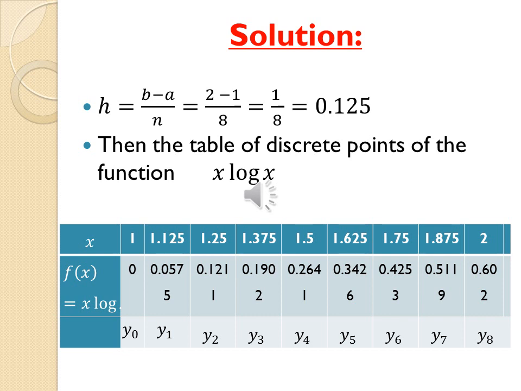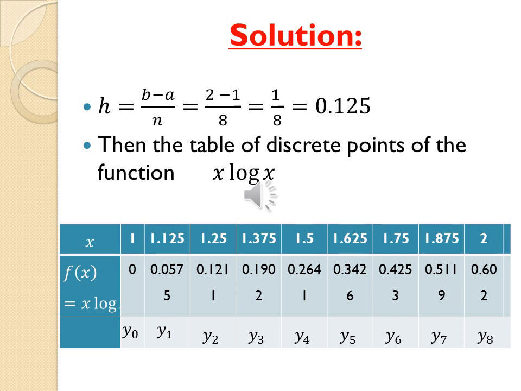So beginning, evaluate h. h equals (b minus a) over n. b is equal to 2, a is equal to 1. So 2 minus 1 over 8 equals 1 over 8 equals 0.125. And we make the table.